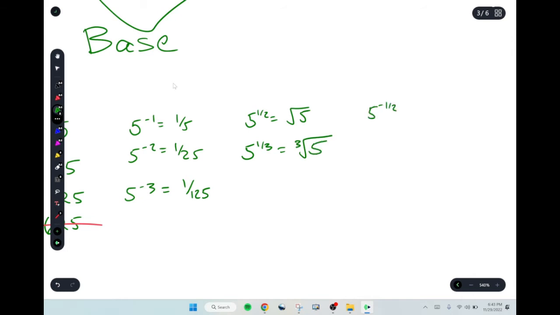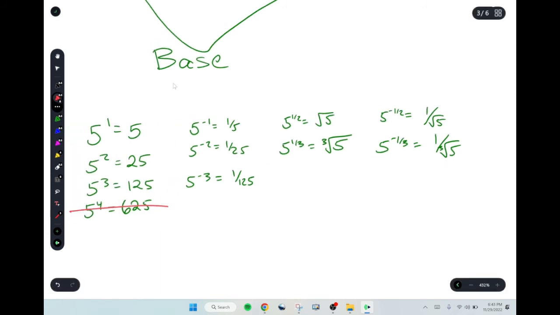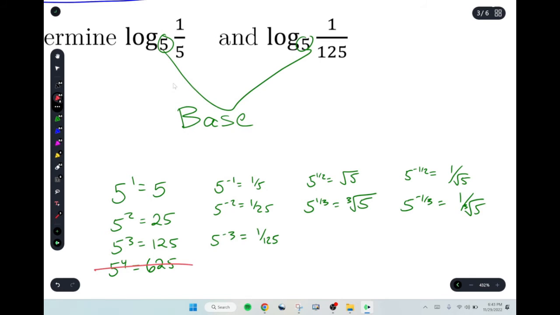What about 5 to the negative 1/2? 1 over root 5. 5 to the negative 1/3, 1 over cube root 5. Those don't matter. But now that we know it, we can fill out that chart, ugly as it is. Now I'll just go back up and look for my answers. Where's the 1/5 at? Right there? So what's my answer for that first one?